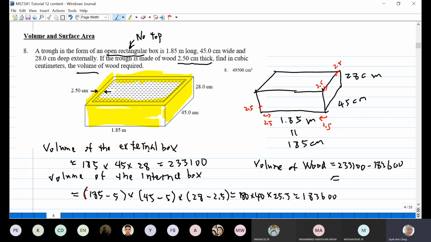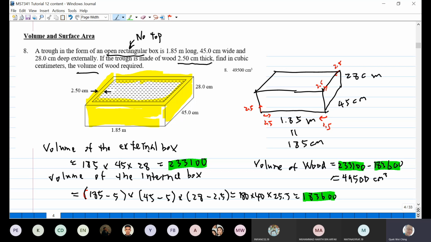Take out the difference, and then you get 49,500. This is the amount of wood required, in cubic centimeters.